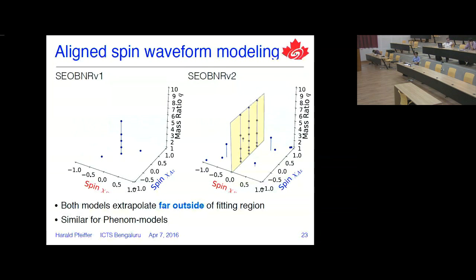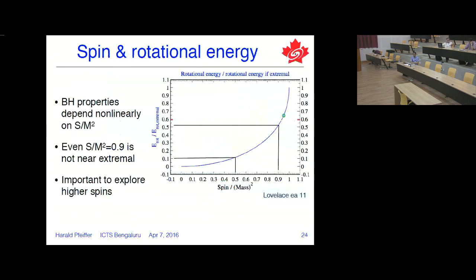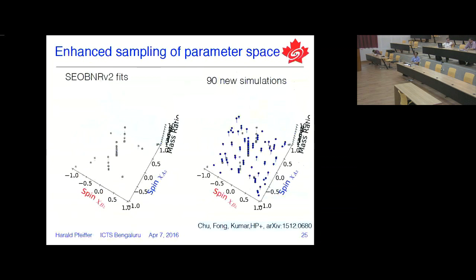Switching to slide 25, I'll skip 24. I'm showing a few of the new simulations we've done to test those waveform models. The new thing with this set of simulations performed by Tony Chu is that we attempted to cover most of the spin-spin plane up to spins of 0.9 on both the big and the little black hole, aligned and anti-aligned.